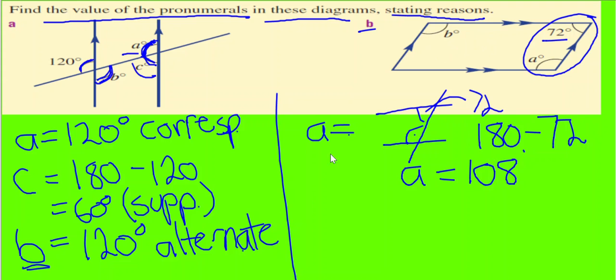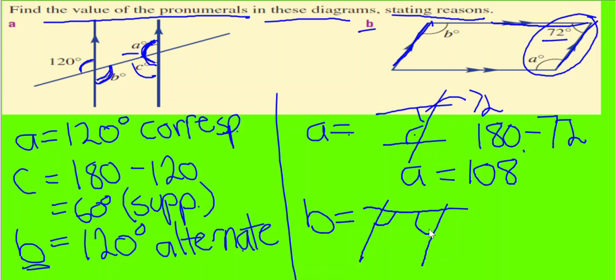This time, for angle B, I'm going to again draw pictures, but I'm going to use these two lines here as my parallel lines, and this line this time as my transversal, cutting across here. So I want angle B in there. I've got this angle there, which is again 72 degrees. Again, these angles are inside our parallel lines and on the same side of the transversal, so they are co-interior.